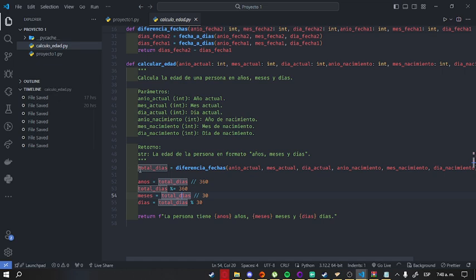So basically we make total days. We calculate the difference between the actual year, the actual month, the actual day, and the born year, and so on.